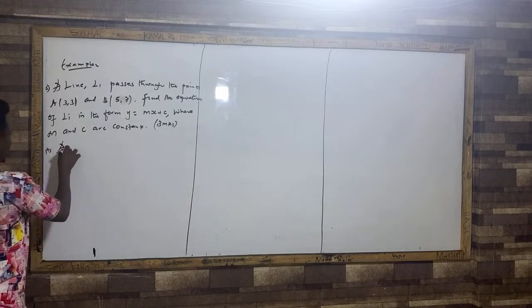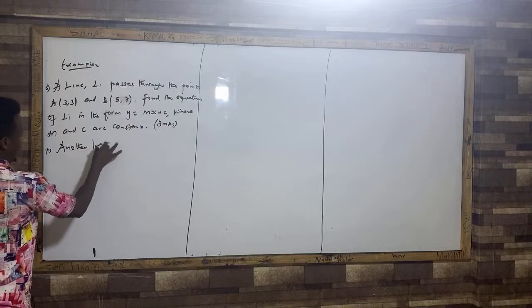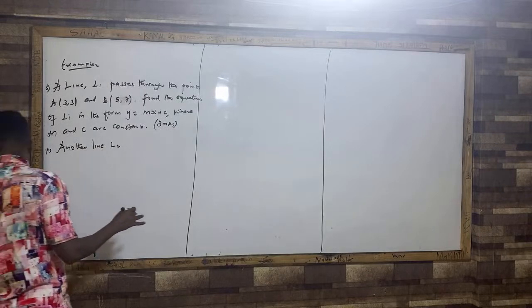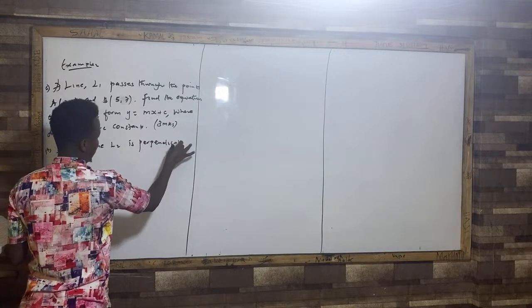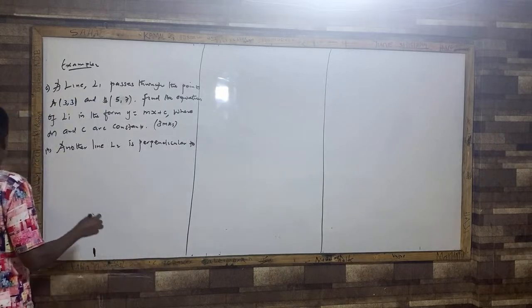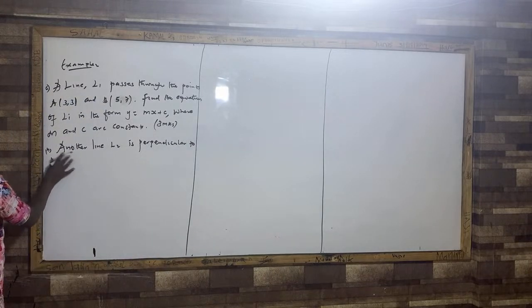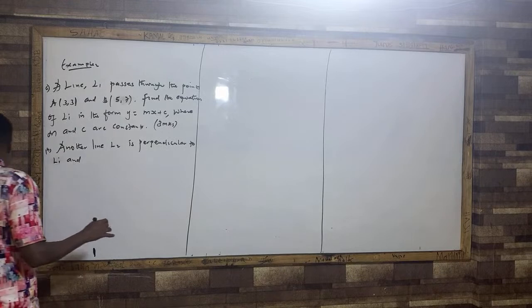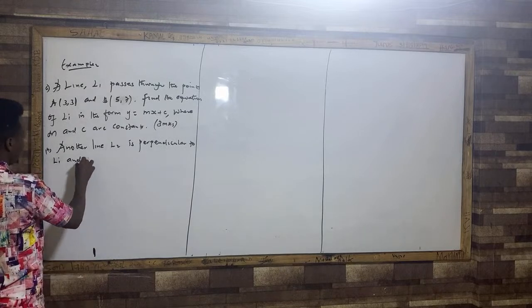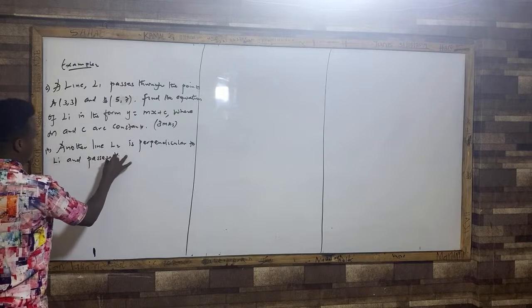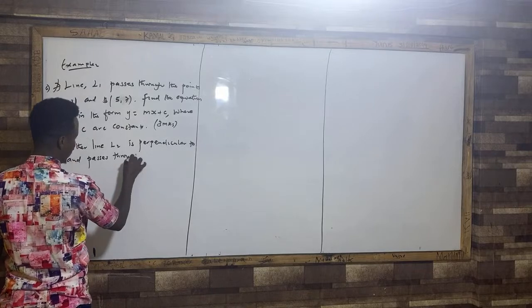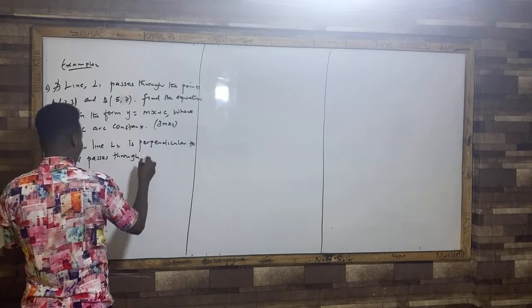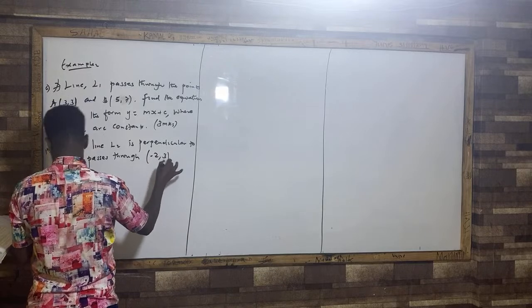Another line L2 is perpendicular to L1 and passes through the point (-2, 3).